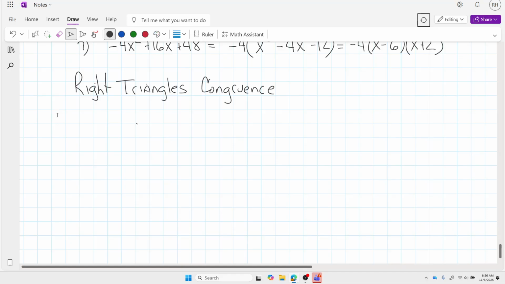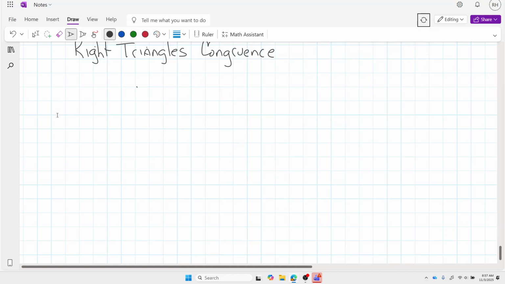And before we get these theorems in your notes, in a right triangle, you've got one 90-degree angle, which makes it a right triangle. The two sides that form that angle are called the legs. The side opposite the 90-degree angle is the hypotenuse.